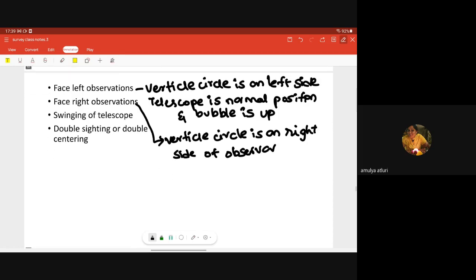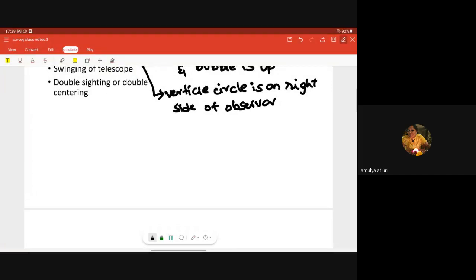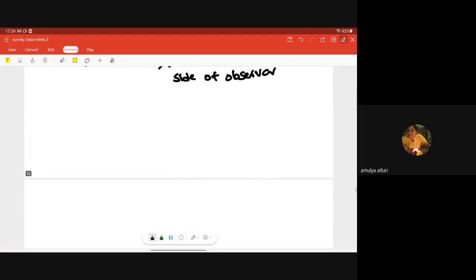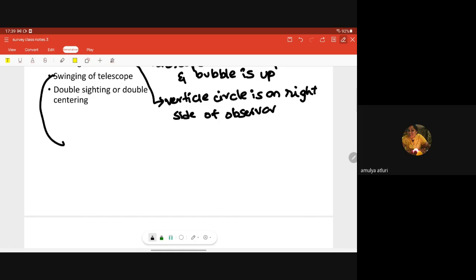Next point is swinging of telescope. What is swinging of telescope? It is nothing but the rotation of the telescope in the horizontal plane.